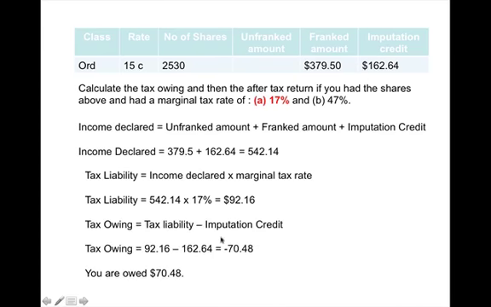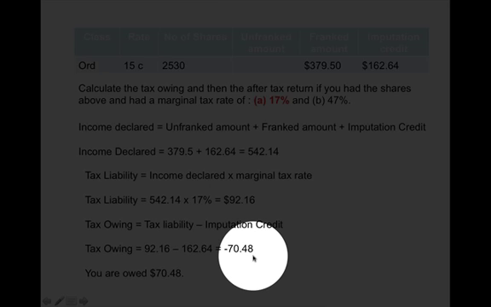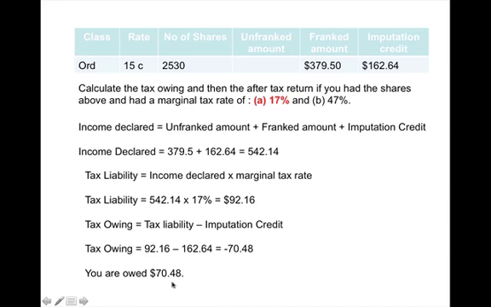So therefore, you should be entitled to a bit of a refund. So the tax owing is your tax liability minus your imputation credit. So that's $92.16, take $162.64, gives you minus $70.48, which means that they owe you $70.48 because your tax rate is 17%, which is below that 30%. So that's pretty cool. So if your tax rate's below 30%, you will get a refund.